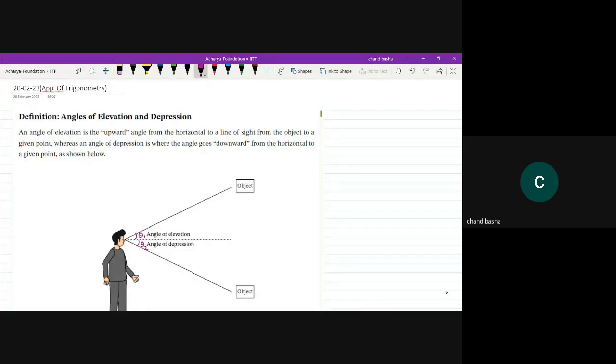Based upon the given data, the angle of elevation is an upward angle from the horizontal. This is the horizontal line where we people are standing. And the line of sight, that means the eye's sight from the object to the given point.